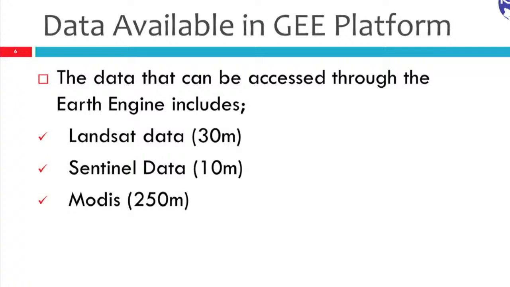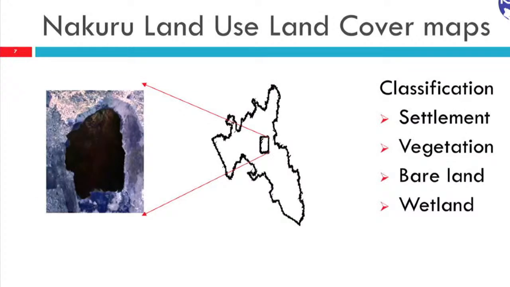Some of the data available are the Landsat, the Sentinel, the MODIS. We also have precipitation data. When you want to use data, you just query and choose from the list of the data.